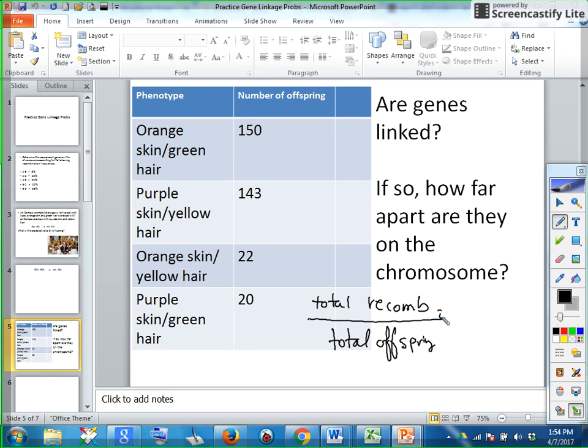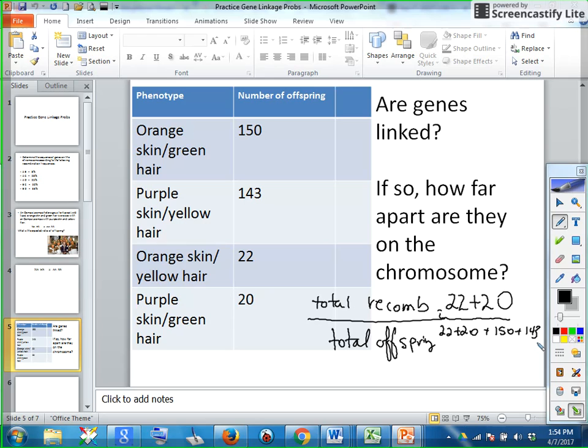So that means it's 22 plus 20 divided by 22 plus 20 plus 150 plus 143.